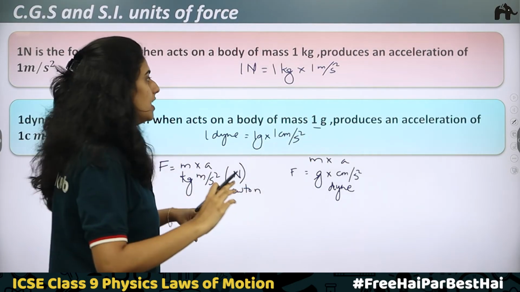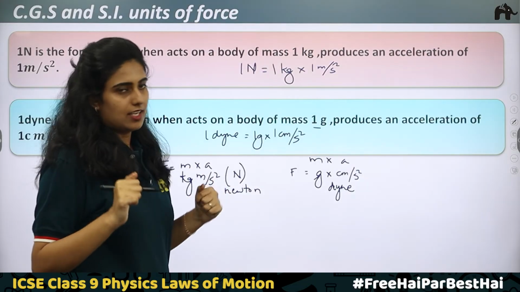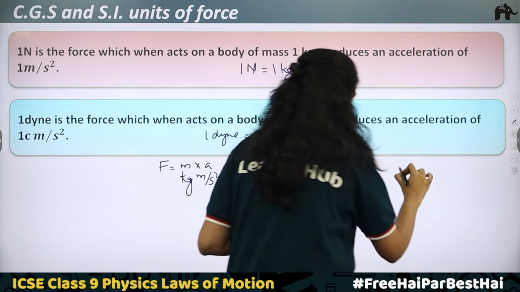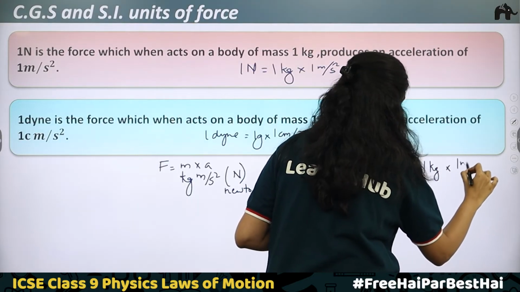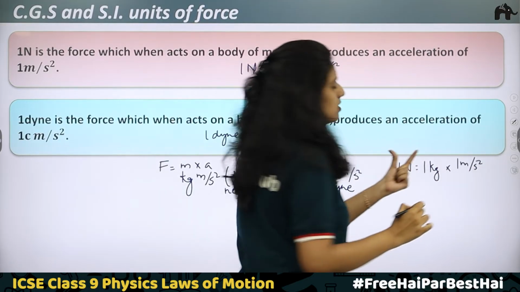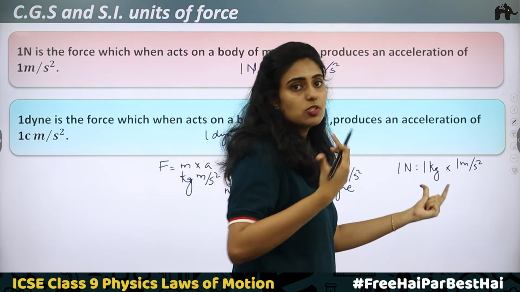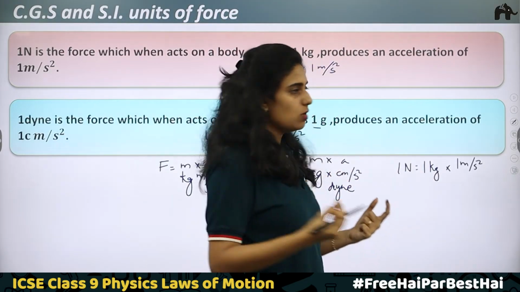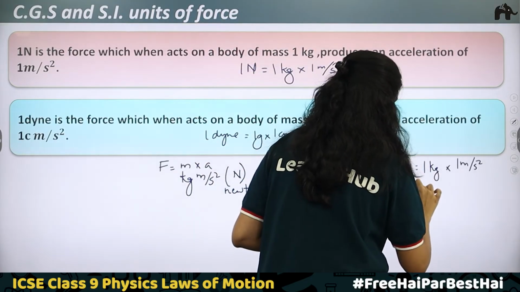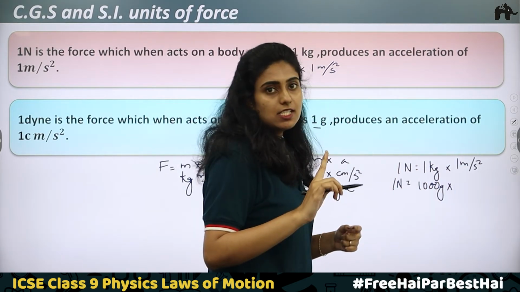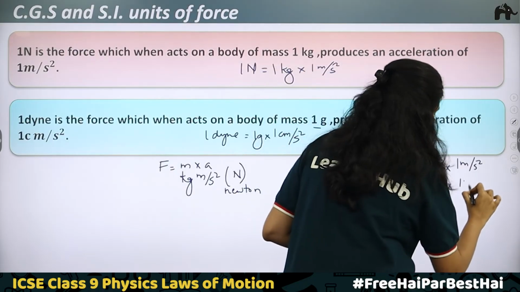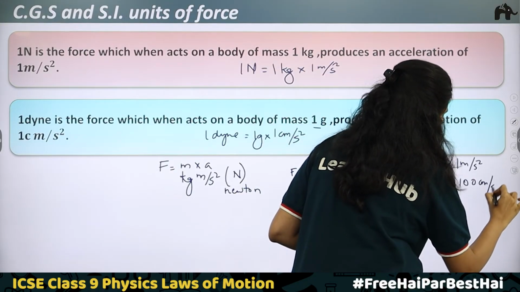Okay, now what is the relation between Newton and dyne? Let's see. We have 1 Newton is equal to 1 kilogram into 1 meter per second square. Convert kilograms to grams. 1 kilogram is equal to 1000 grams. So, 1 Newton is equal to 1000 grams into 1 meter, which is 100 centimeter, per second square.